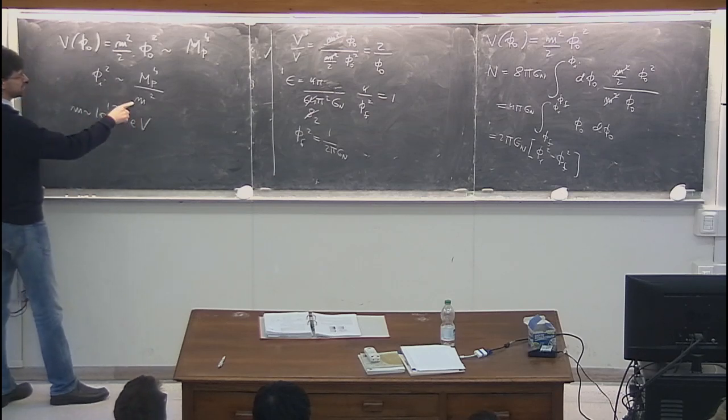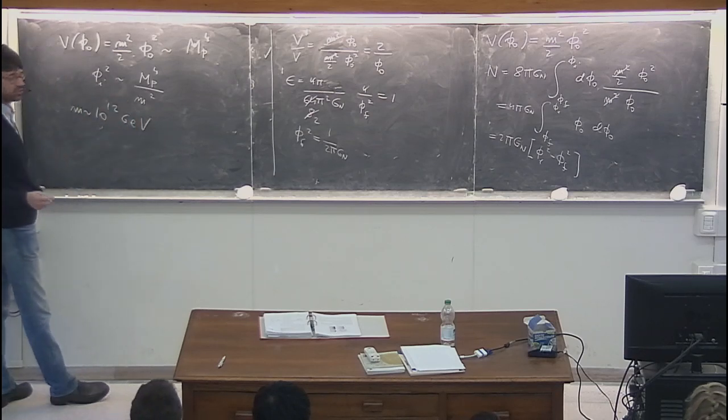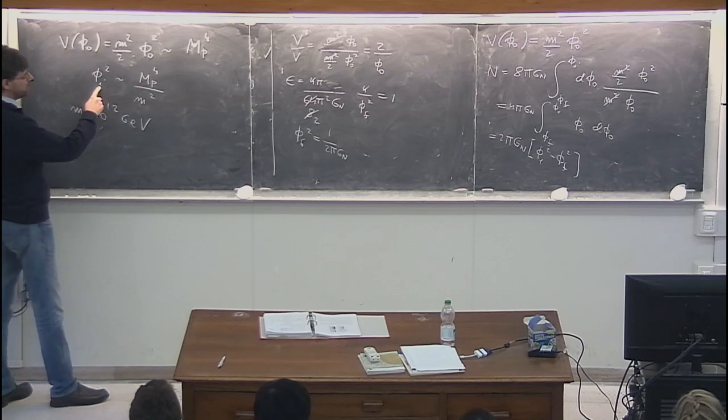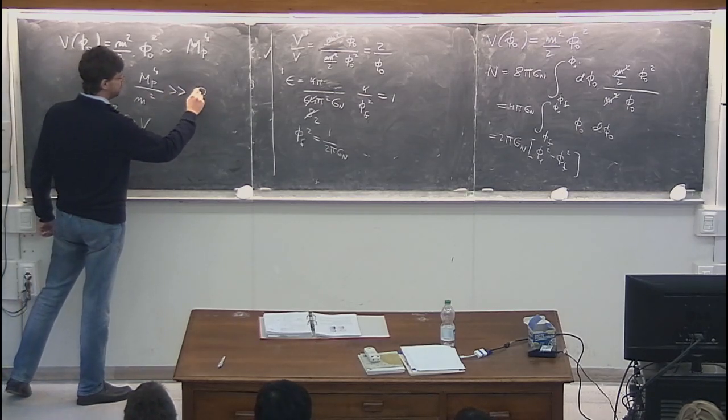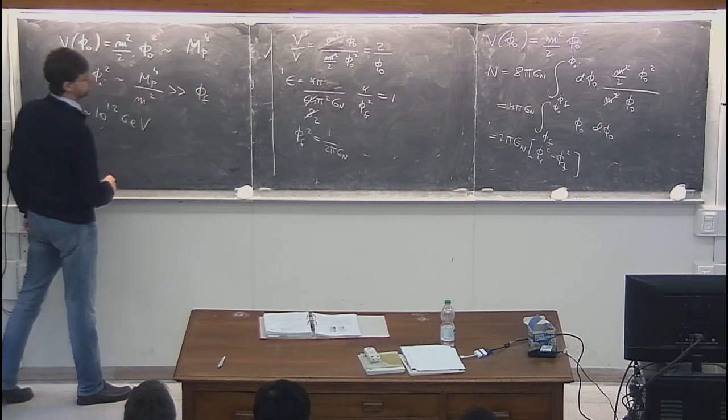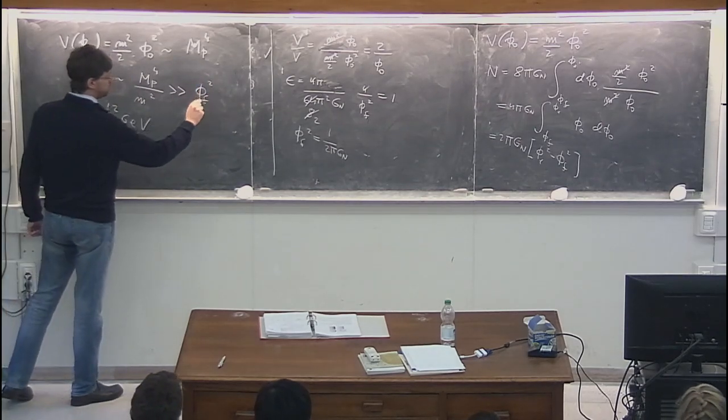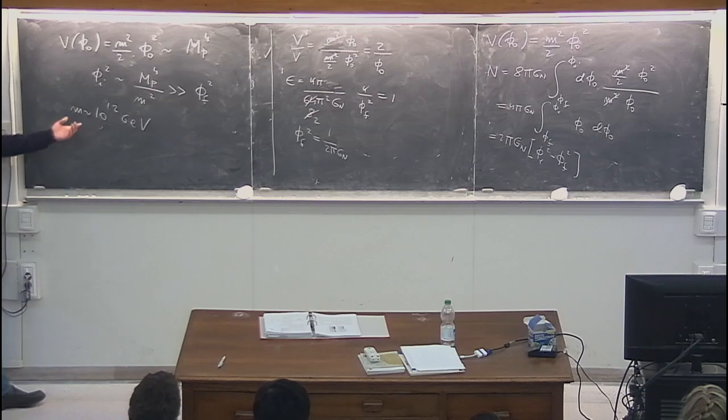So it is much less than m Planck, which is 10 to the 18 GeV. So from here, I get that phi initial square is in fact much larger than phi final square, which is of order of m Planck square, if this condition is true.